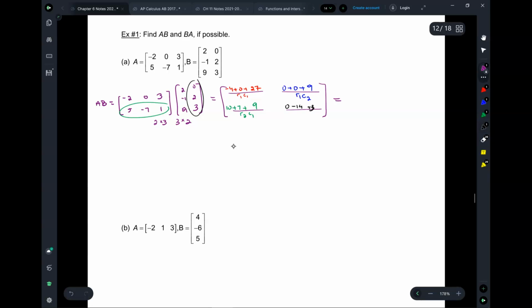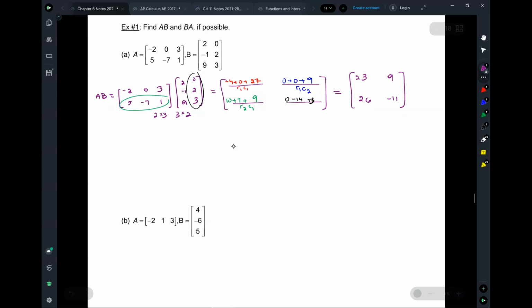So finally, I get 23, 9, 26, negative 11. Okay? Honestly, the only part is like make sure you're taking the correct rows and stuff. Okay? All right. Well, what about BA?